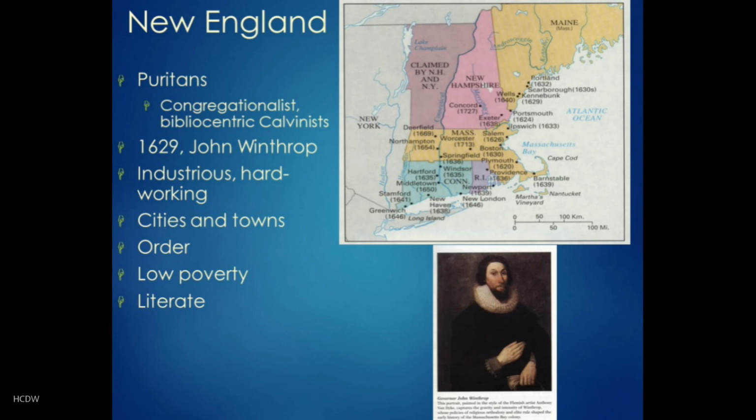Again, we can attribute this to their hardworking, industrious nature and the variety of trades and businesses that flourish. And they are also extremely literate when compared with some of the other regions. And again, I've already mentioned that one of the main reasons for this is their emphasis on reading the Bible and each individual being able to read the Bible for him or herself.